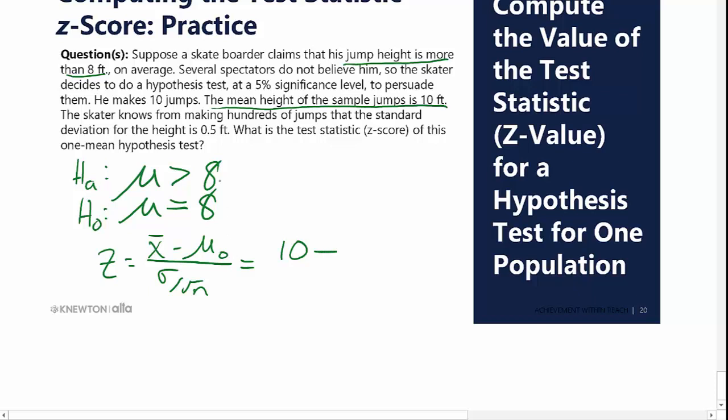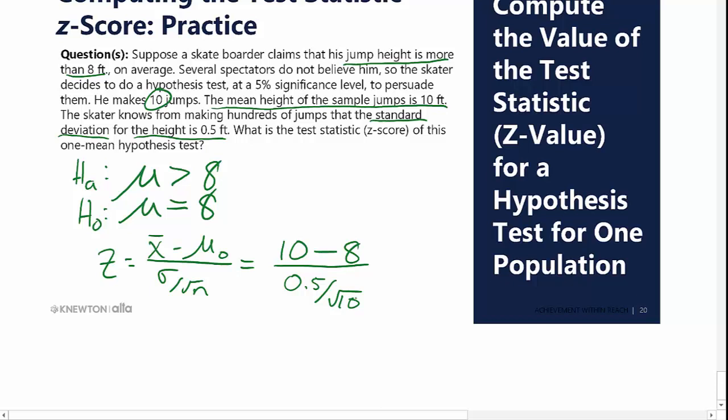In our hypothesis you see the number 8, so mu naught is 8. So it's 10 minus 8 over our standard deviation. The skater knows from making hundreds of jumps that the standard deviation for the height is 0.5 feet. That's our population standard deviation. And we divide that by the square root of n. How many jumps did he make? He made 10 jumps. Over 10.